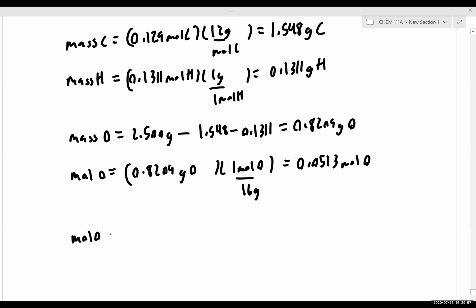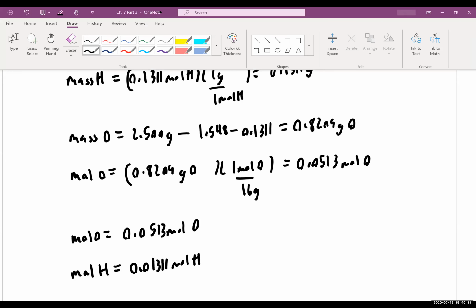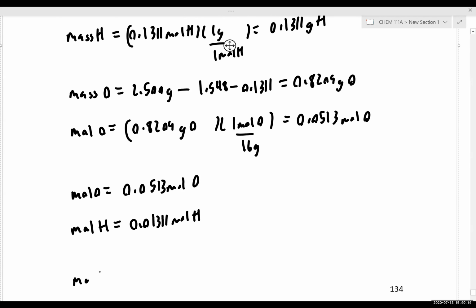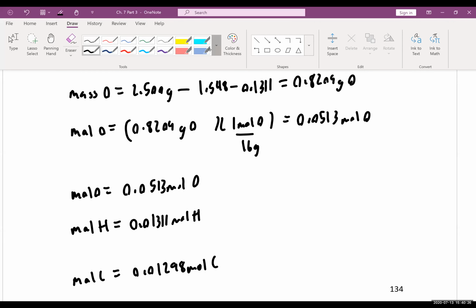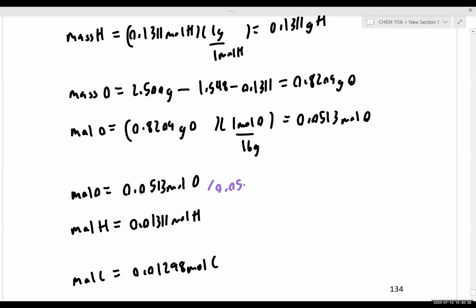So our moles of oxygen are 0.0513 moles of oxygen. Our moles of hydrogen are 0.01311 moles of hydrogen. And then our moles of carbon are 0.01298 moles of carbon. We're going to divide by the smallest number of moles, which is 0.0513 moles of oxygen.